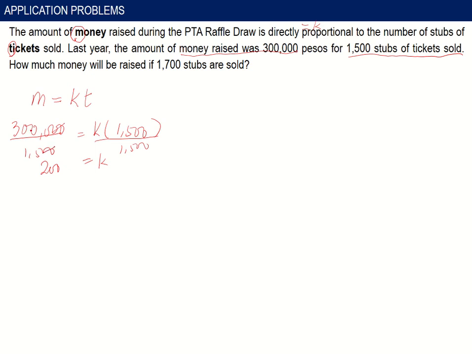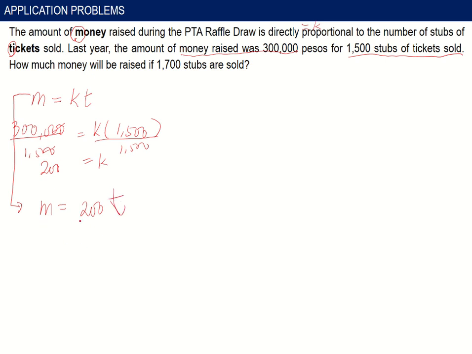Ayan. 300 divided by 15 is equal to 200. Next, go back to step 1. So, substitute the value of k in it. So, we have m is equal to, our k is 200, then copy t.